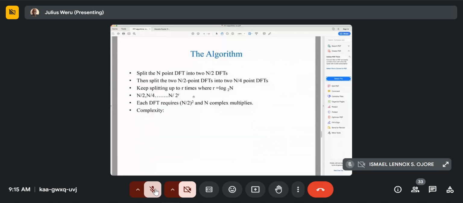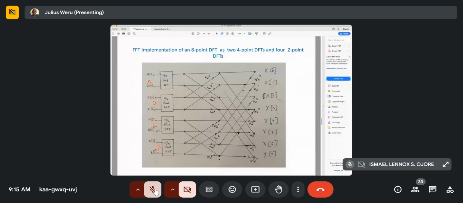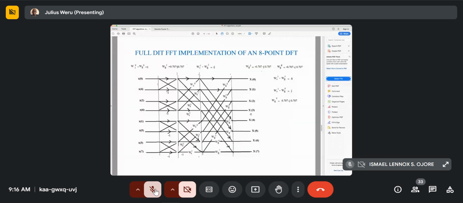In our diagram here we have used W8, but you can still convert them to W4s, because in this particular case you're actually dealing with W4s and other W4s. But you can also look at them as W8, and it will give you the same thing. That one is given very clearly here.